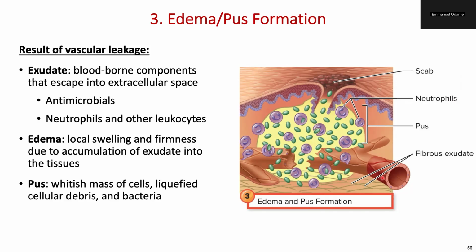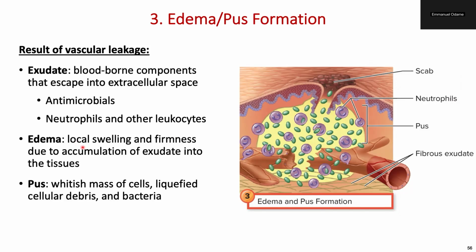So now the blood-borne components, including the white blood cells and any other antimicrobial things secreted from the blood cells, move to the site of injury. And basically what we see is this swelling or edema.